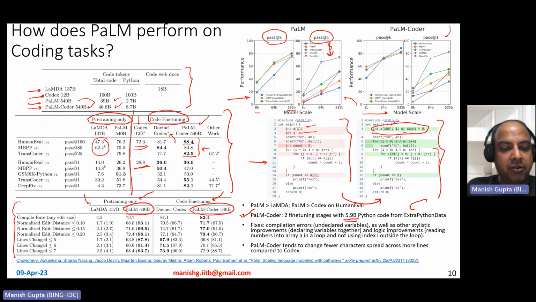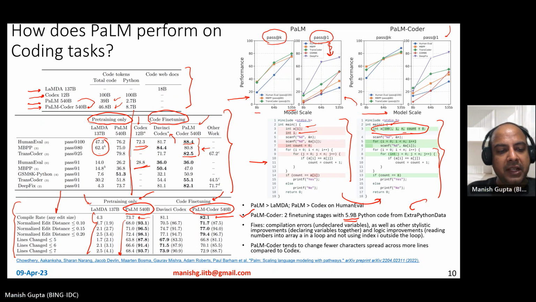We observe that for pre-training only, of course, the PaLM model is hands down way better compared to the LaMDA model. Somehow the LaMDA model just does not know how to fix the code. The metrics you see here are very interesting. Compile rate: what is the probability that after you do the repair, the code will compile? In 74% of cases, the PaLM model is able to give you compilable code. PaLM coder is actually even better.